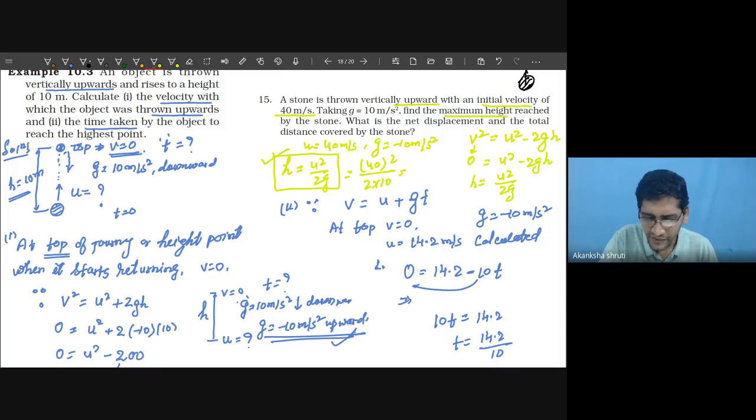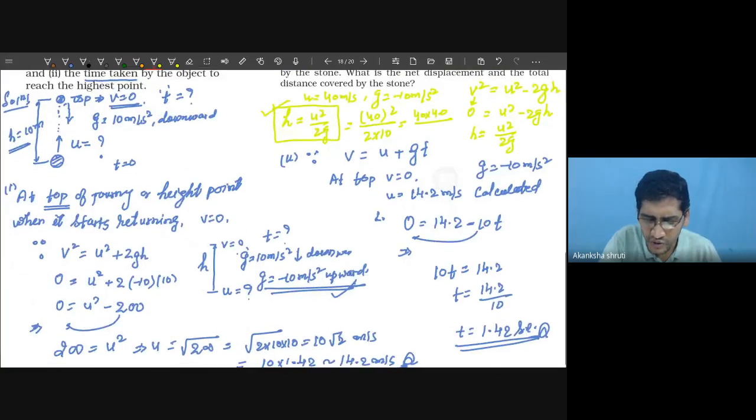So it becomes 40 into 40 by 2 into 10, which is 20. One of these 40 can be cancelled two times. So it becomes 80 meter. So this is the final answer.